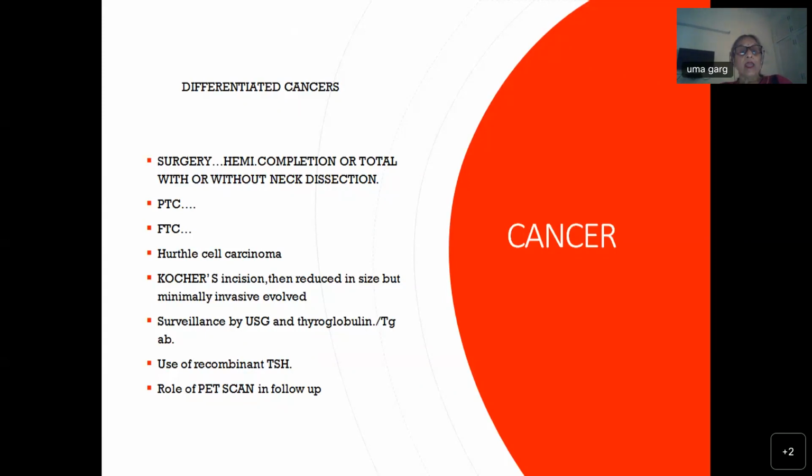hemithyroidectomy. And this may be a hemithyroidectomy, this may be a total thyroidectomy, or hemi followed by completion, with or without neck dissection.